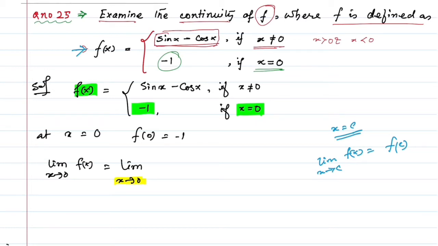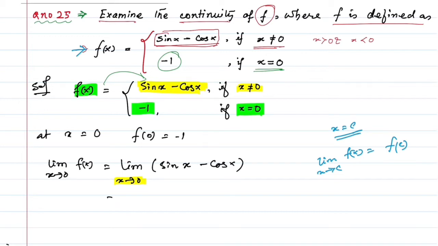That is why we have to take this expression sin x minus cos x, because when x is not equal to 0, the function f of x is given by this expression sin x minus cos x.